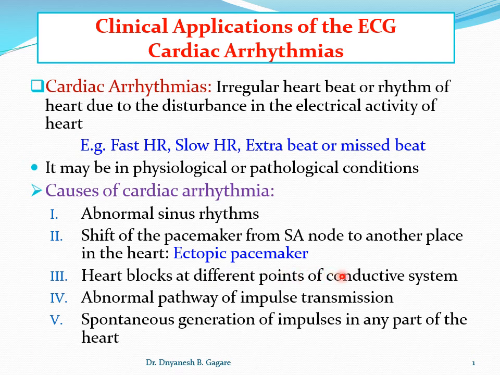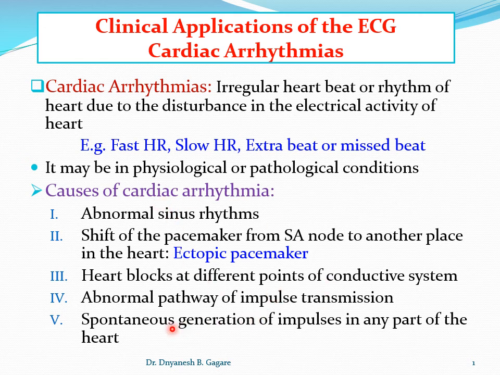We'll come to that. And the fourth cause is abnormal pathway of impulse transmission. Now you know the normal sequence of current flow. If the current takes an abnormal pathway or sequence, that is also one of the causes of cardiac arrhythmias.